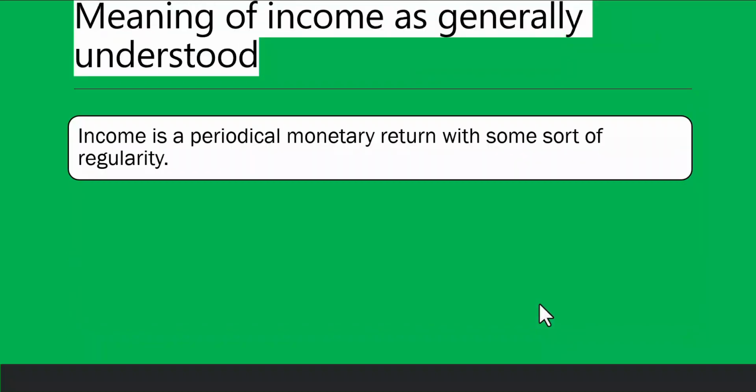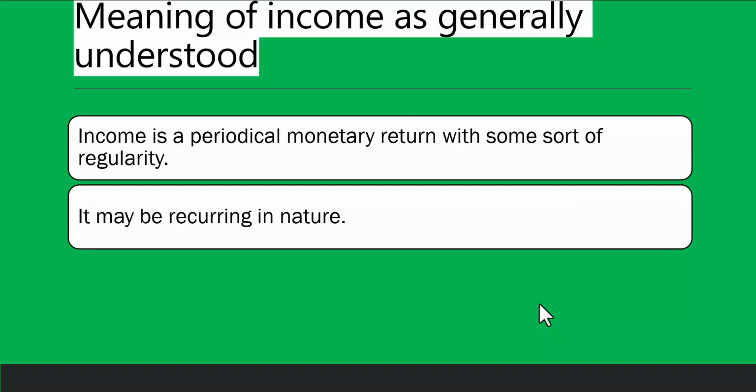Income is a periodical monetary return with some sort of regularity. Suppose you are getting a salary every month, so it's an income. Because you are earning that money every month, you have to pay tax on it. It may be recurring in nature.